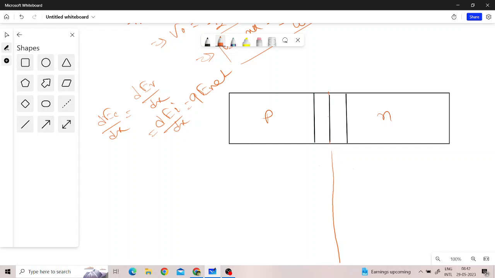In the neutral P region and the neutral N region there is no electric field, so there will be no bending in the band diagram. But as you can see here, there is an electric field in this direction as the depletion layer is created here. So there will of course be bending in the band diagram.